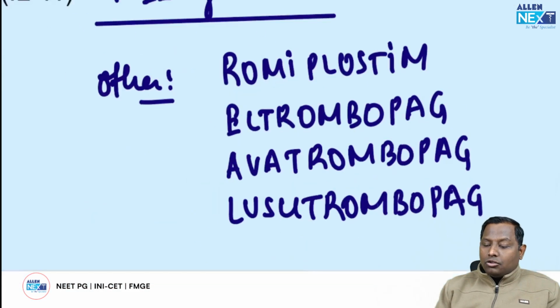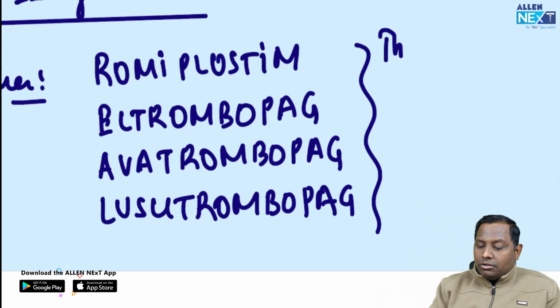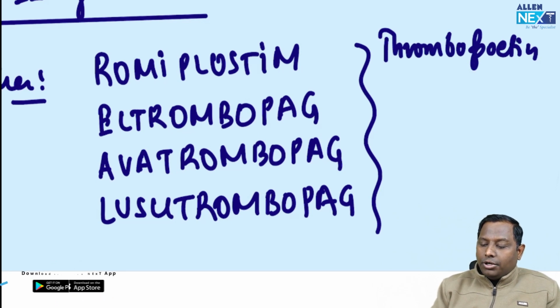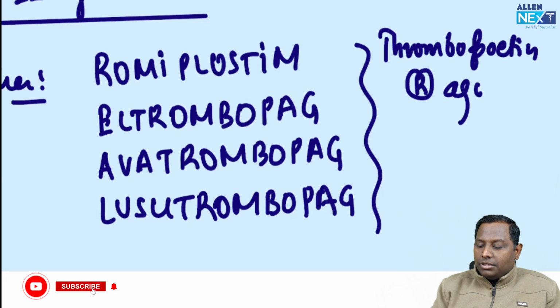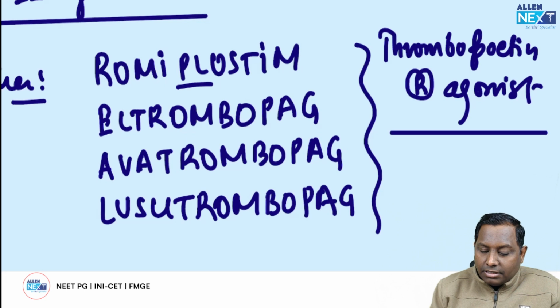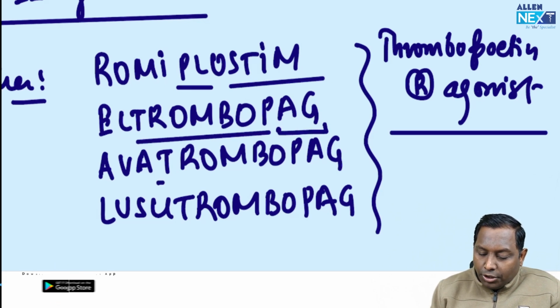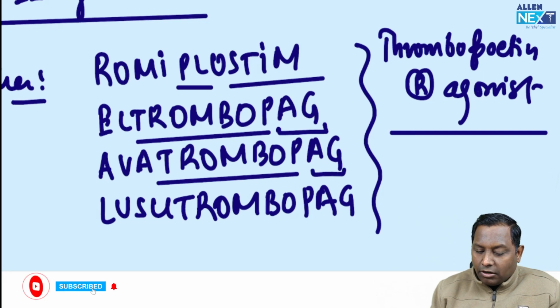These are all thrombopoietin receptor agonists that can be utilized. All of them are thrombopoietin receptor agonists, having platelet stimulant property.